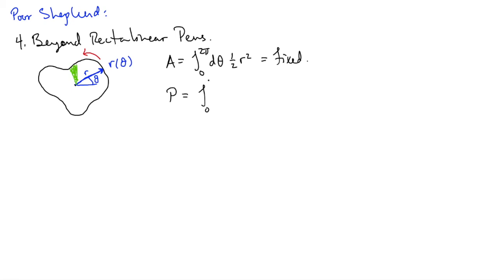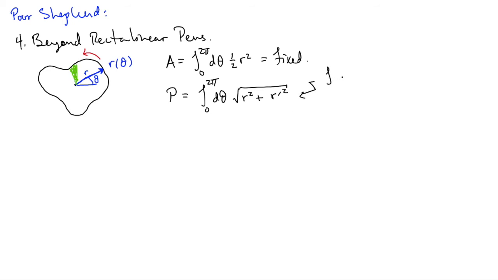The perimeter is a little bit more complex than before. Integral from 0 to 2 pi, again, about our polar angle. But now, it goes as the square root of r squared plus r prime squared. Okay, now if you recall our geodesic, where is this coming from?